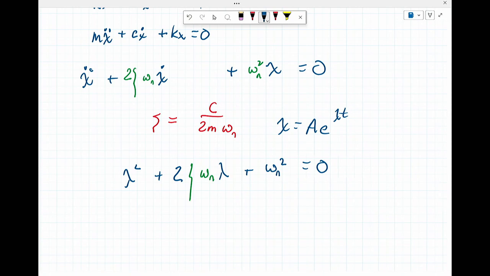And what will happen is that all of the e^(lambda t) exponential terms cancel out. So this is good. I have an extra term that appears, but I have lambda and lambda squared, and I have omega n, so this is all workable at this point, and it's a quadratic, with the only addition of that bit in green.